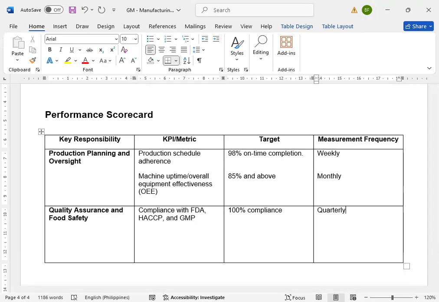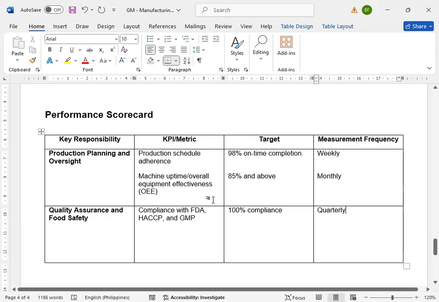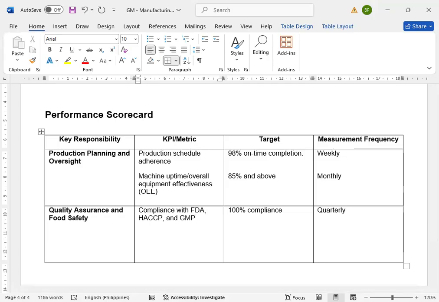Okay. The second KPI metric I would be doing for this quality assurance and food safety would be first pass yield. I have already explained this when I was writing the GM job description.